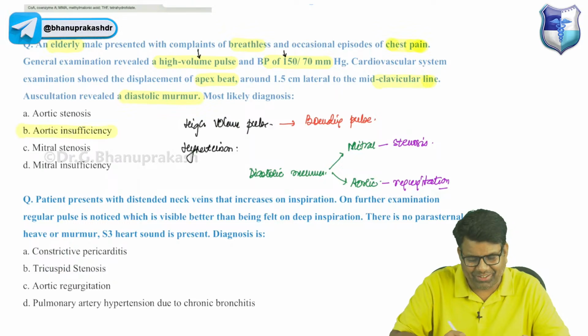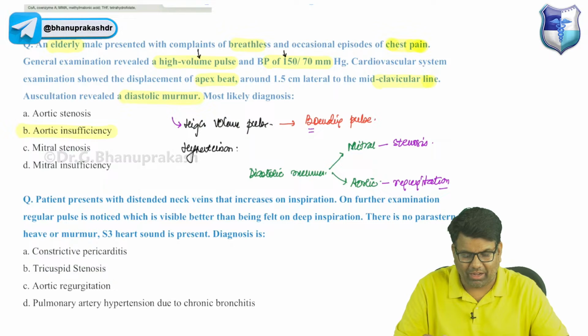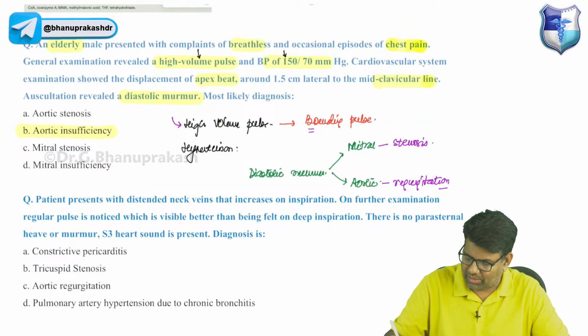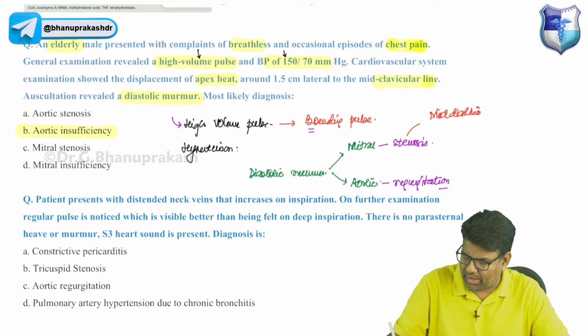Aortic insufficiency will be a better answer here because of this high volume bounding pulse. In a case of mitral stenosis, you will have a mid diastolic murmur, and this will be accompanied by an opening snap.